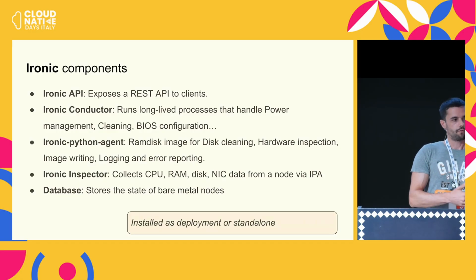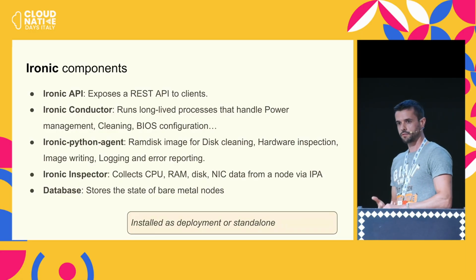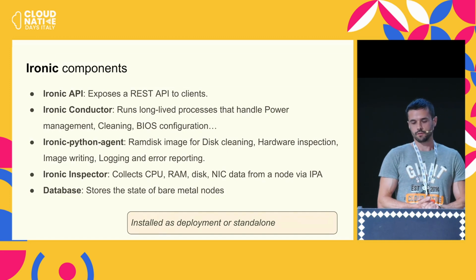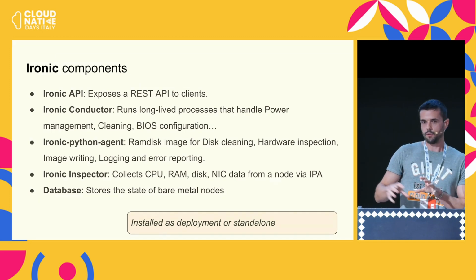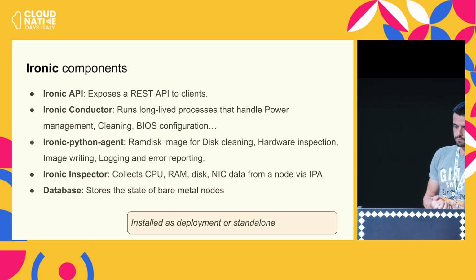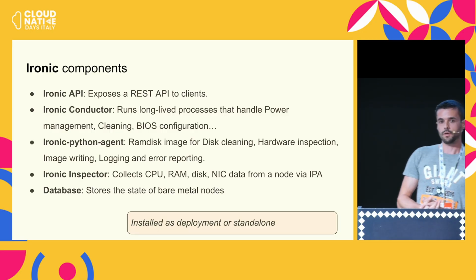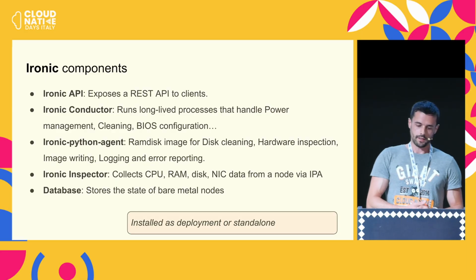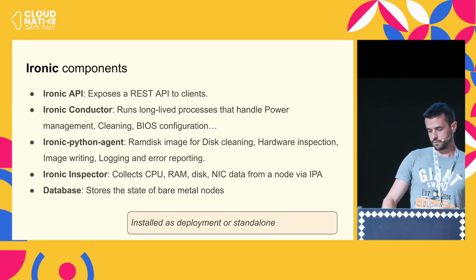And it will take care of some things for us, like cleaning the disks, writing OS images to disk, hardware inspections, all these things. So it's pretty much like our agents on the field doing some work for us. Then we have the inspector that will take care of grabbing whatever hardware and what capacities our servers have. And of course, we need a database to store all that stuff.